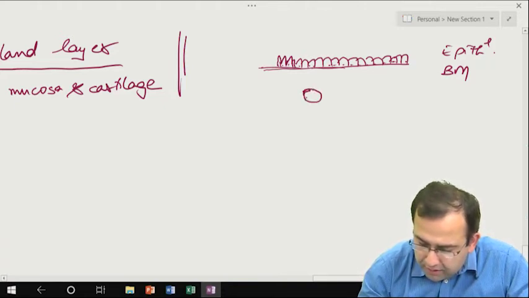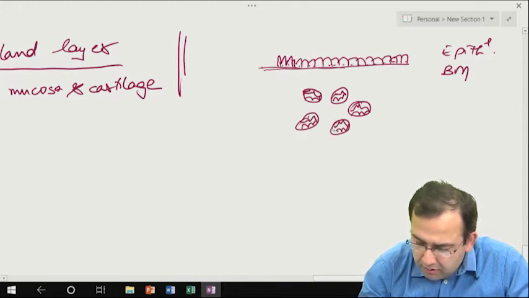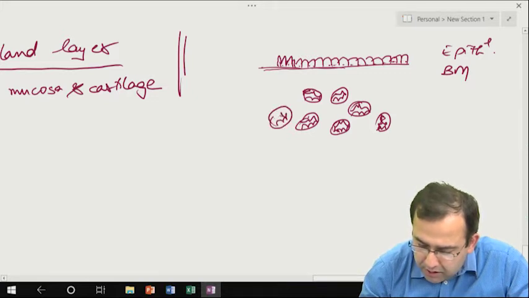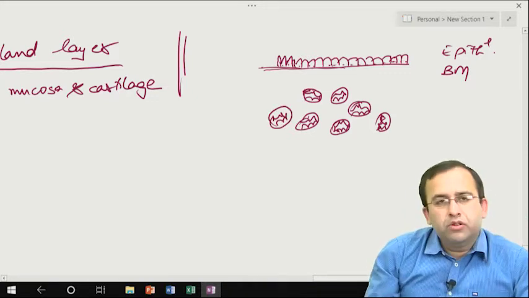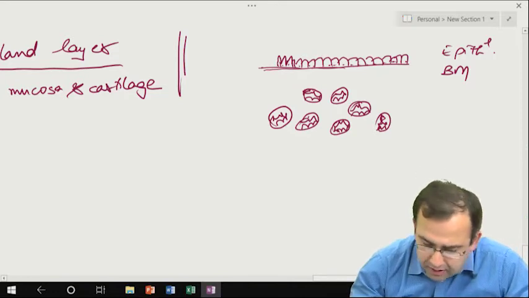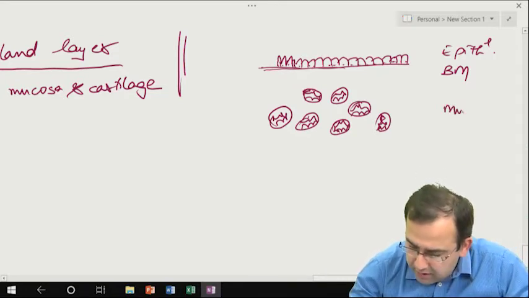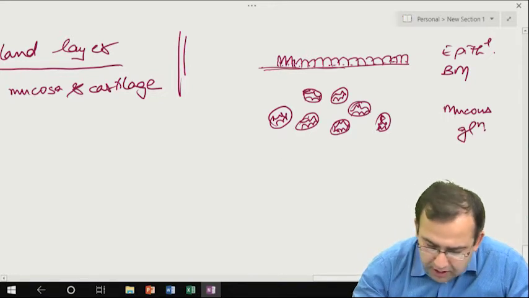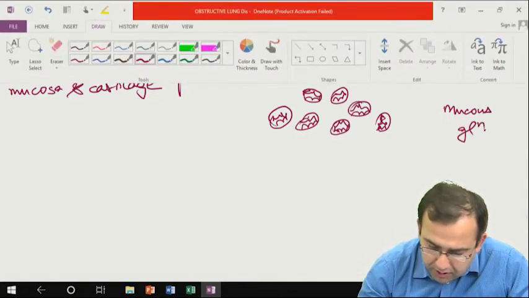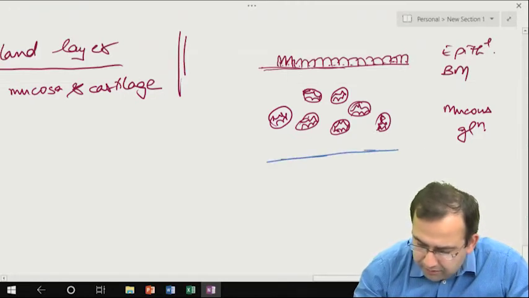All these are the mucus glands which are undergoing hyperplasia. There is an increase in number of mucus glands. Below the mucus glands is the cartilage.